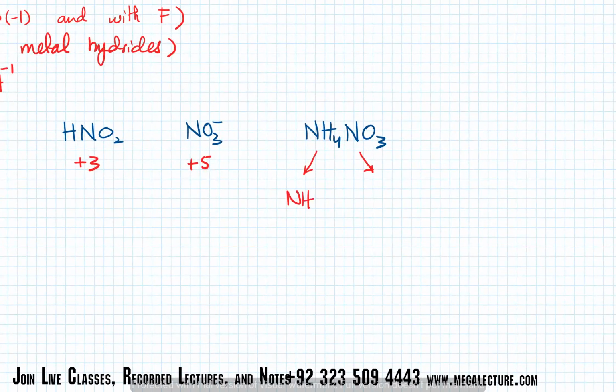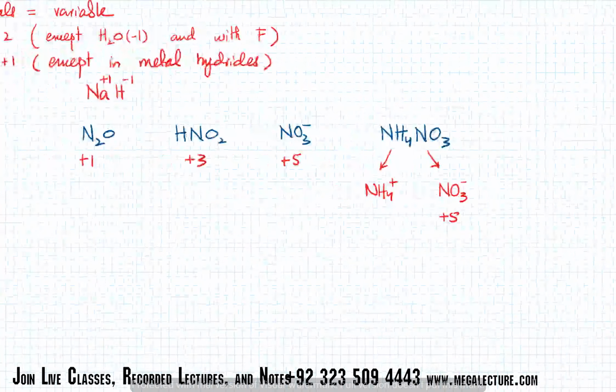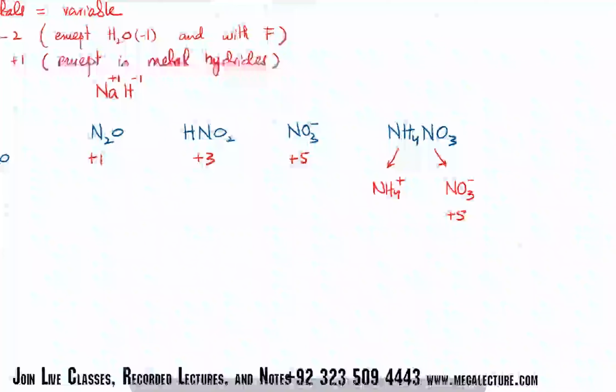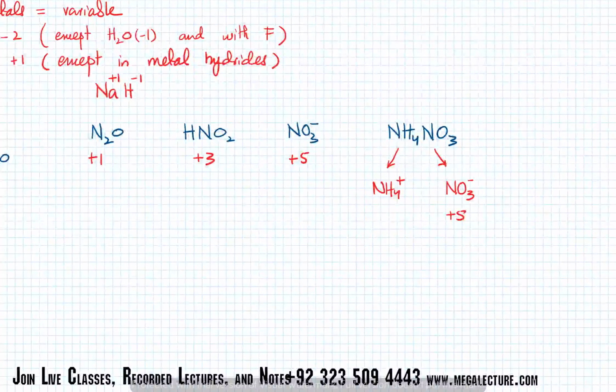This one is NH4 +1, while this one is NO3 -1. So the two ends are not equivalent. So don't think of them as having the same oxidation state. For one end, you already found this out. This was +5, right? What's the other one? -3. Yes, that's -3.